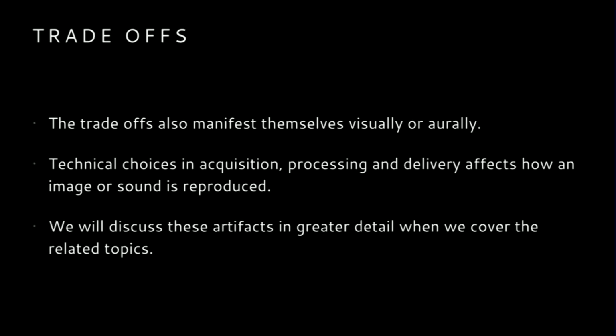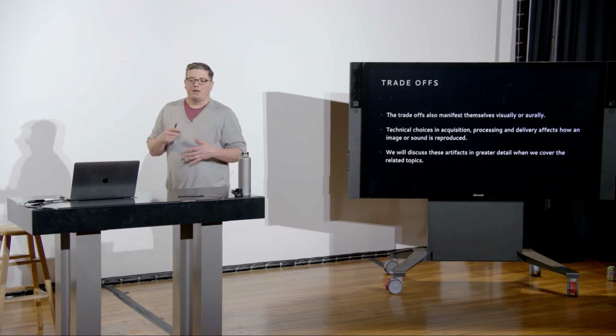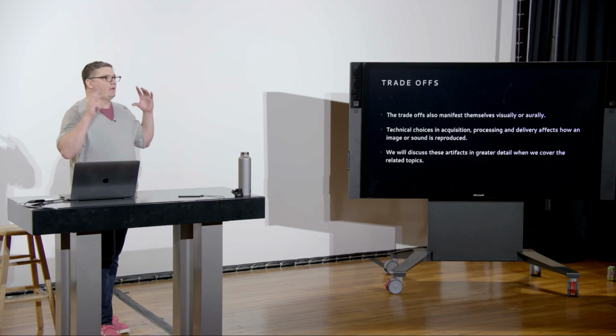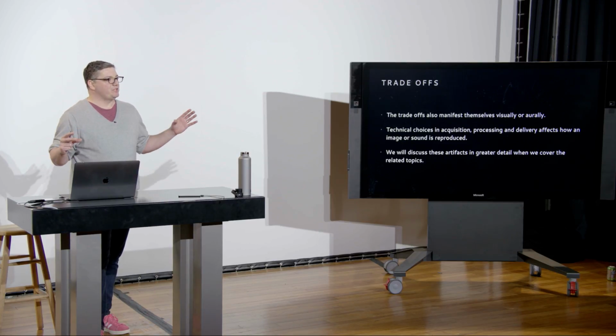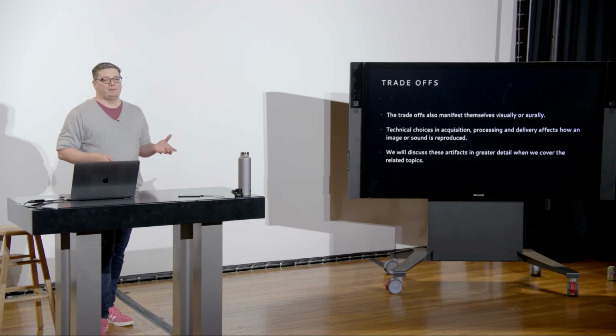So, all right. The trade-offs are not just this idea of logistical trade-offs, which is cost versus quality versus speed, but also that every decision in making an image actually affects the visual or aural artifacts that are present in your finished piece. Okay? So your technical choices in acquisition matter.